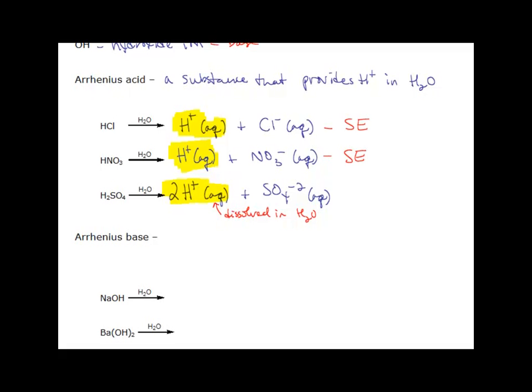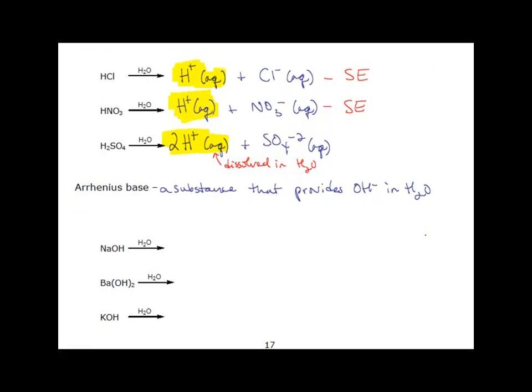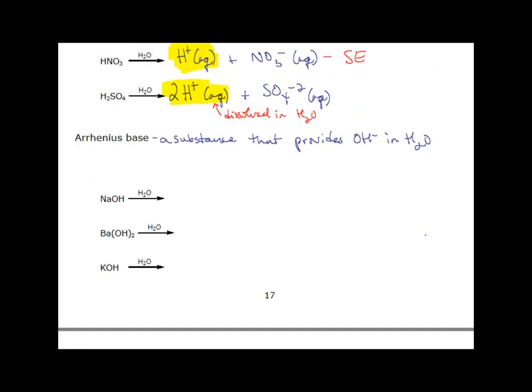Now, an Arrhenius base is a substance that provides hydroxide in water. So sodium hydroxide, it's an ionic compound.